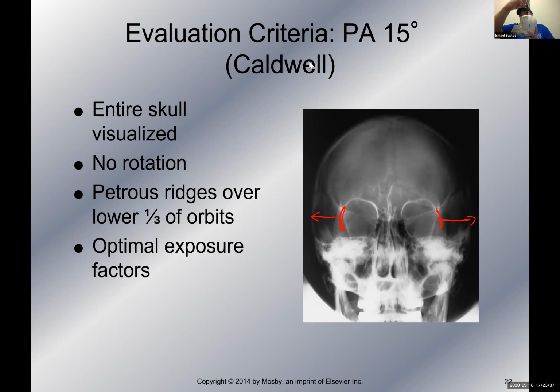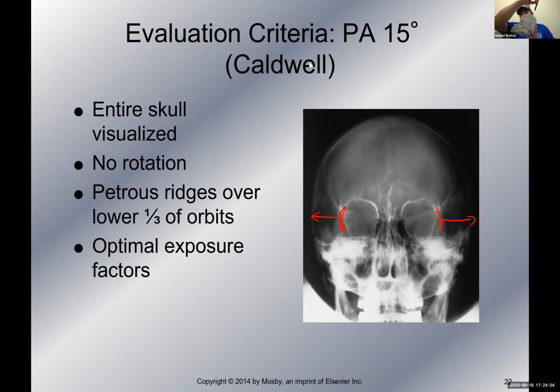So if my OML is here and my CR is here, the angle between them is 15 degrees. Now, how can I decrease the angle between the CR and the OML? One way is to just decrease the angle. If I decrease the angle to less than 15 degrees between the CR and the OML, then I have the ridges moving up in the orbits.